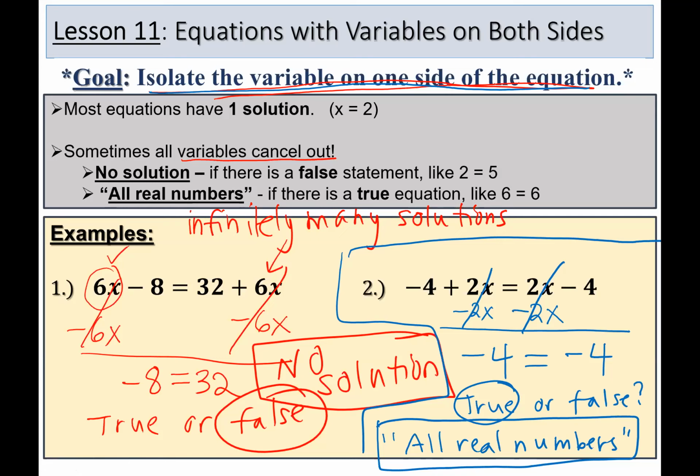In other words, all real numbers. Okay. So we'll keep that in mind. If your x's or your variables cancel out altogether, ask yourself, is the remaining equation true or false? And that will help you decide for your final answer. Let's move on to the next slide.